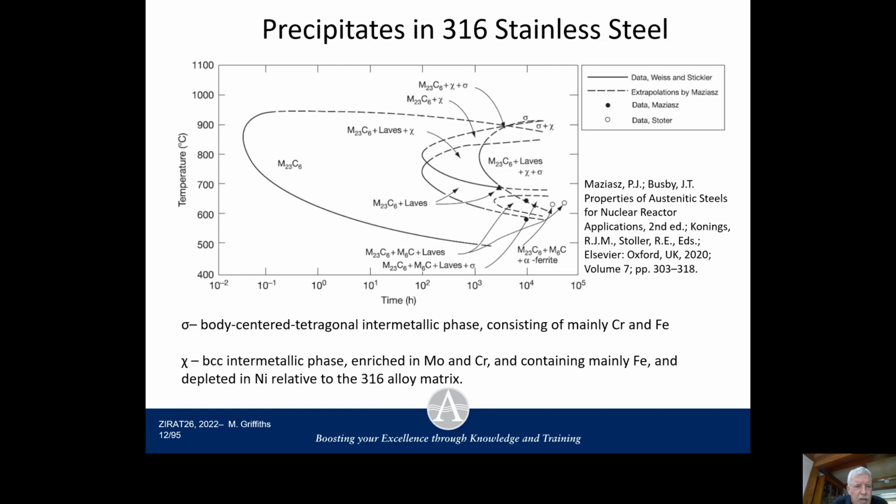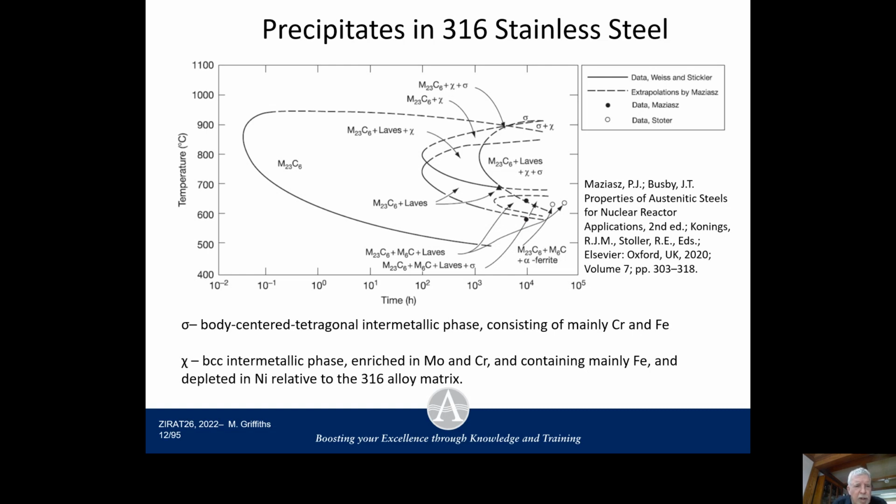So we have this typical nose shape that exists for a TTT diagram, and that exists because on the one hand, you have to be at a low enough temperature so that the precipitates can form, and you can get some binding between atoms, but it has to be at sufficiently high temperature that diffusion is rapid enough that you can see precipitation at a reasonable rate.